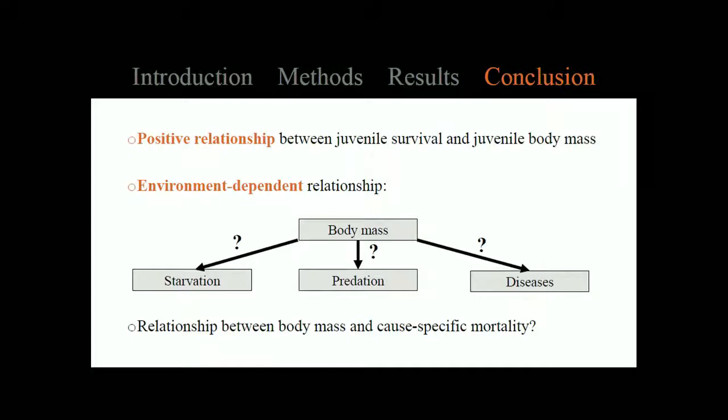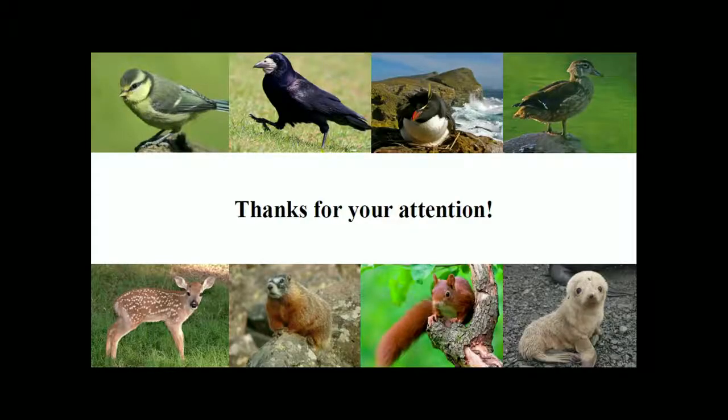Is it a high proportion of the population or not? So we need to do that to have a clearer view of this relationship. So thank you for your attention.